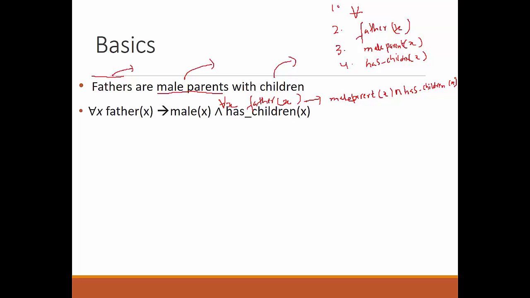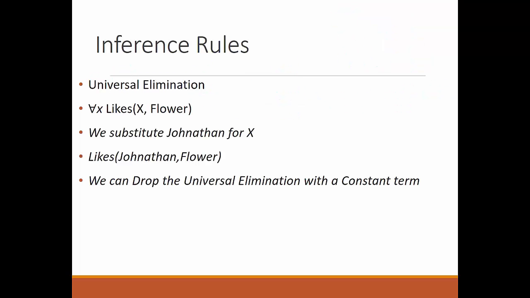We solved it already. Now let's discuss this concept called universal elimination. Now if we are given a statement like for all X likes flower, which means that everyone likes flower, and when we are saying everyone likes flower, it means Jonathan also likes flower, because we're talking about every person.